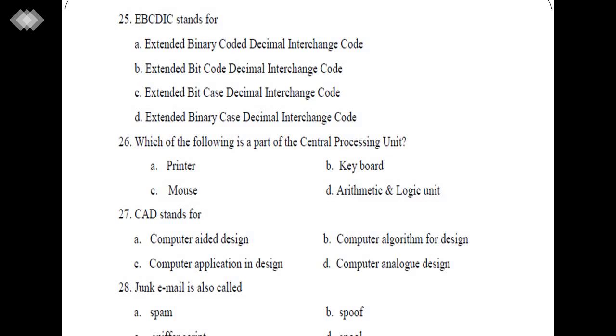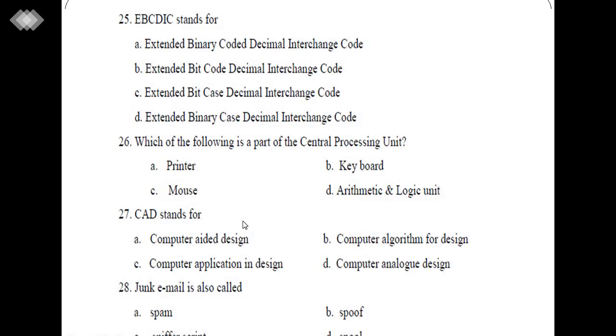Now question number 27, CAD stands for Computer Aided Design, Computer Application in Design, Computer Algorithm for Design, and Computer Analog Design. Now question number 28, junk email is also called spam, sniffer script, spool, or spoof.